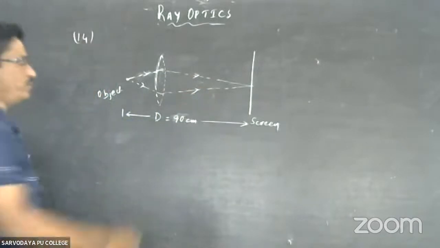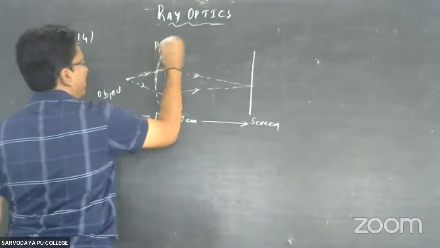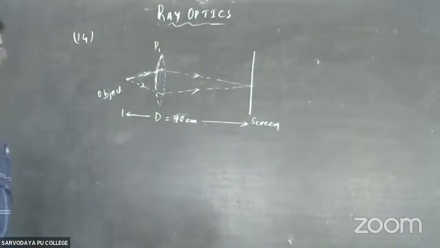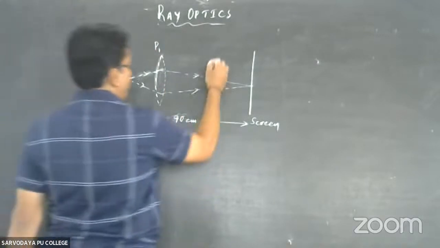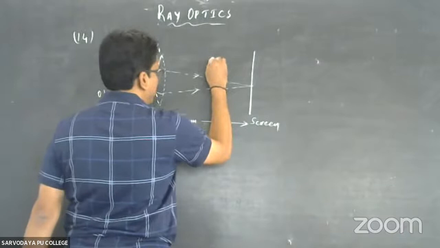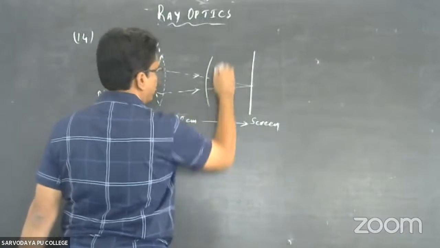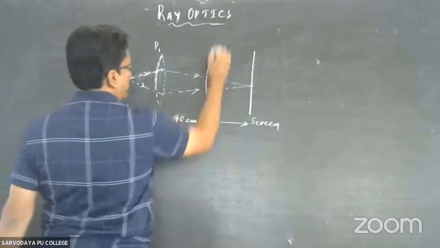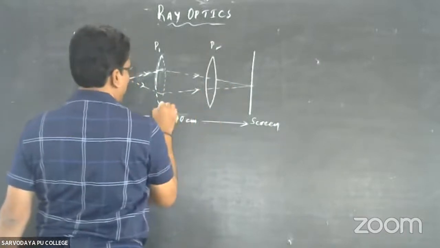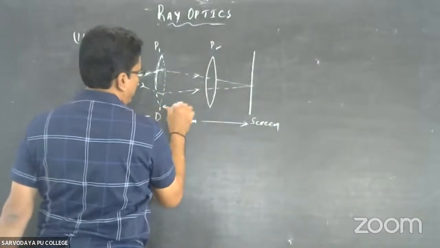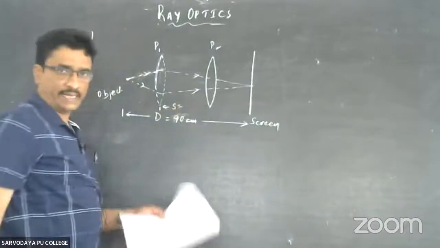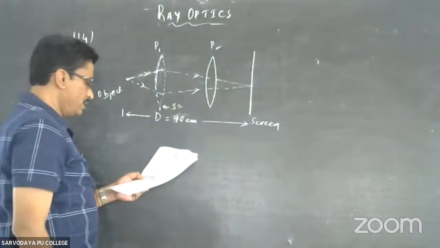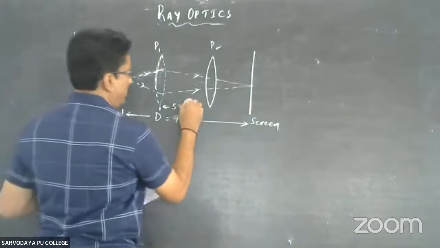Okay, this is position 1. And they have given that once the lens is shifted to a new position, this is the second position, the separation between these two is given by the symbol S, and this distance has been given as 20 centimeter.